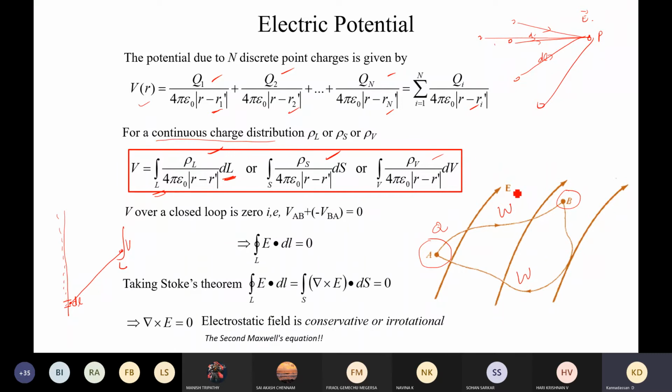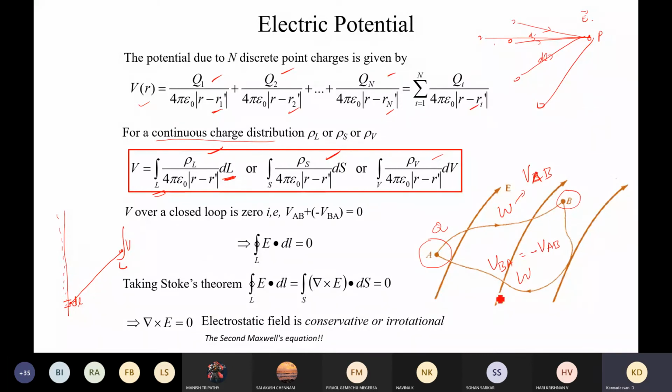But the moment we introduce the concept of electric field, then the potential difference will come. Then in that case, due to this W, the potential is VAB, and because of this path, you will get VBA, which is nothing but minus VAB.